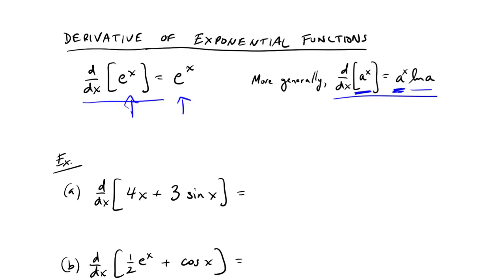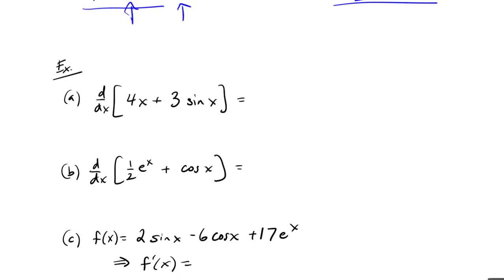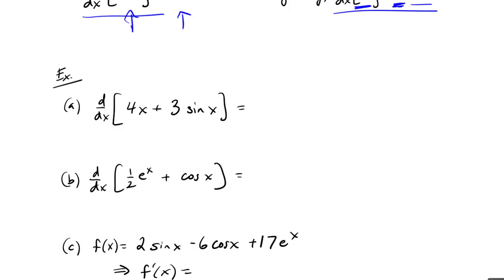All right, let's see some examples here. The derivative of 4x plus 3 sine x. Okay, they're being added, so I can do them individually. The derivative of 4x, well, again, we said that any constant times x will just give you the constant back, so that's 4.